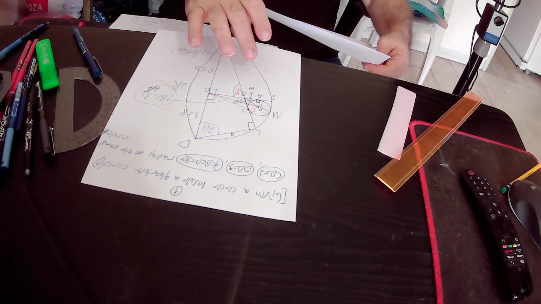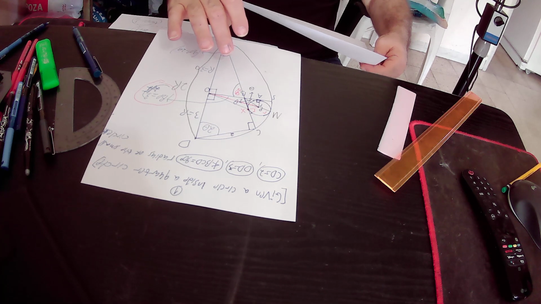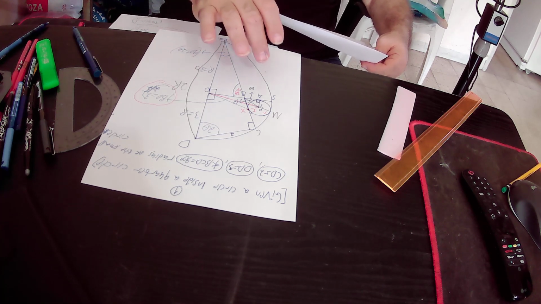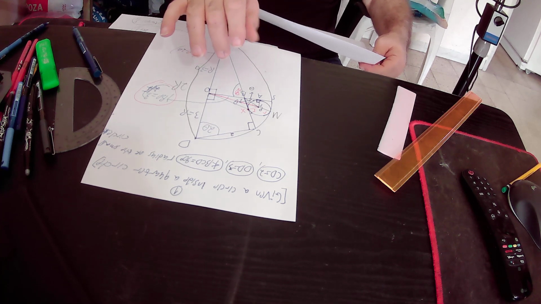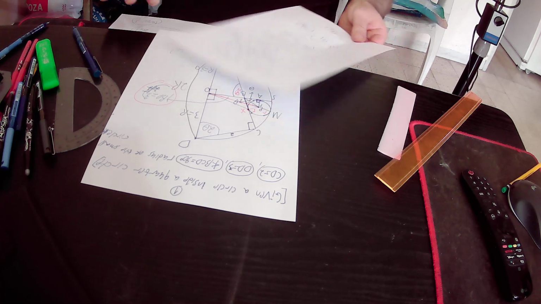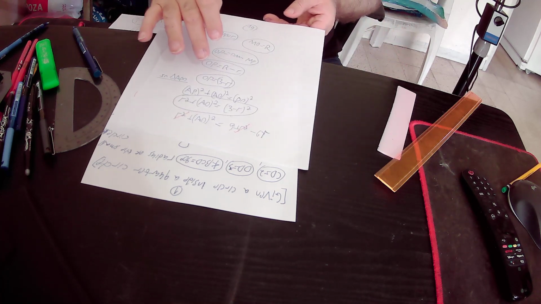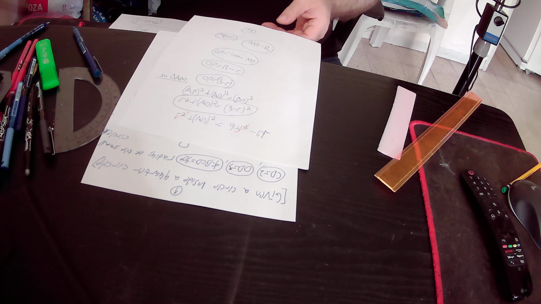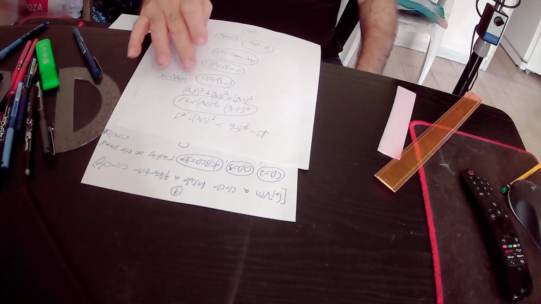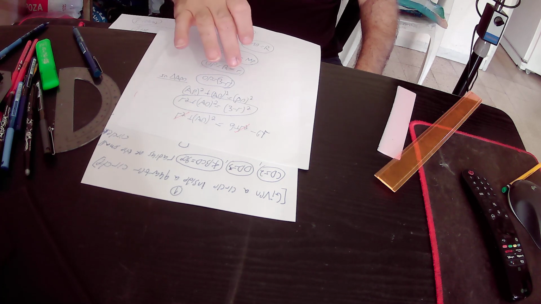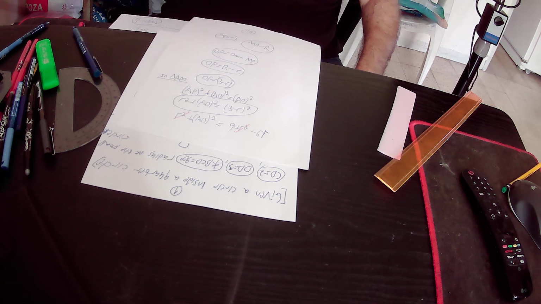In the right triangle APO, according to the Pythagorean theorem, AP square plus AO square equals PO square. AP equals r, so r square plus AO square equals PO square. PO is 3 minus r, so PO square is (3 minus r) square.